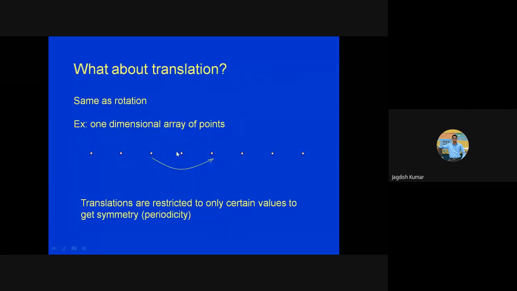Suppose this inter-point separation is A. If you are on any of the points, there is a point at a distance A to the left, and the same to the right. Similarly, there is a point at a distance 2A on the left and another at 2A to the right, and this repetition continues indefinitely. That is why on whatever point I am, I would be seeing exactly the same environment. So we can't tell whether any translation has happened or not.